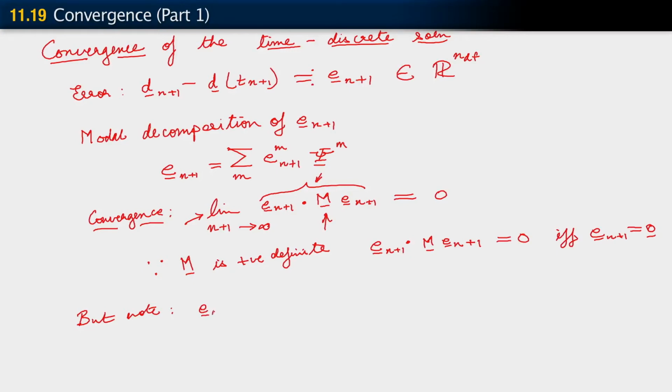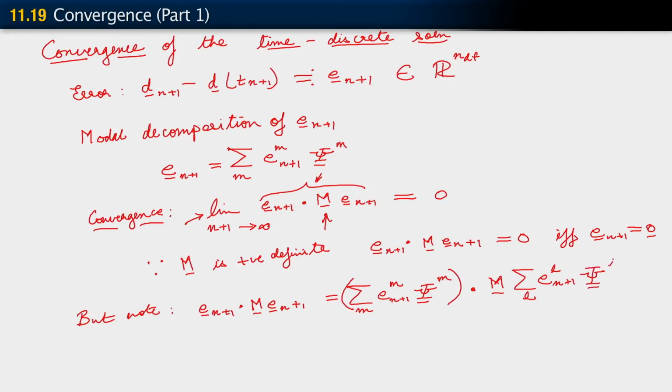E n+1 dotted with M E n+1 equals the sum over m of E_m^{n+1} psi_m, dotted with M, the sum over L of E_L^{n+1} psi_L.